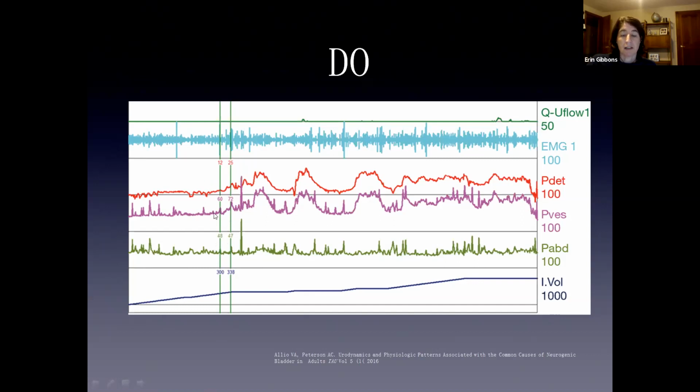The purple is the urethral catheter, and the detrusor pressure here is in red on this one. And so you're having uninhibited contractions that come back down, another uninhibited contraction that ceases. And so you have this kind of rhythmic uninhibited contractions throughout filling. And this is pretty common what you'll see in someone with multiple sclerosis, Parkinson's disease. It's pretty common.